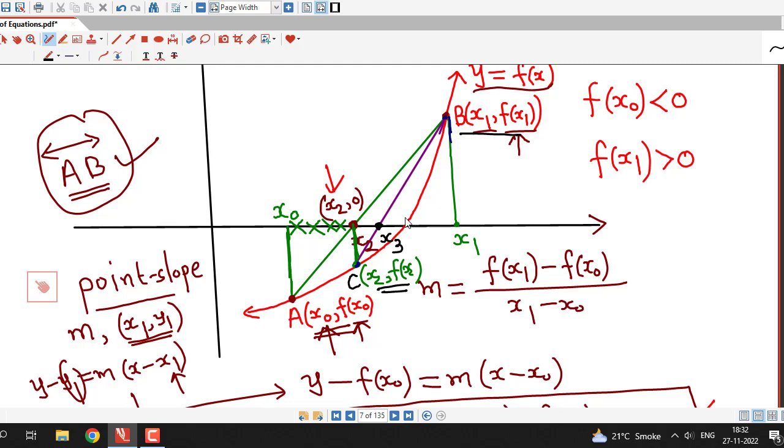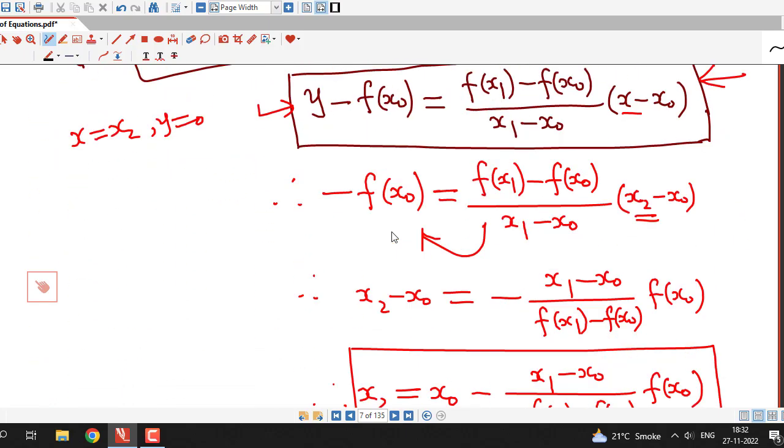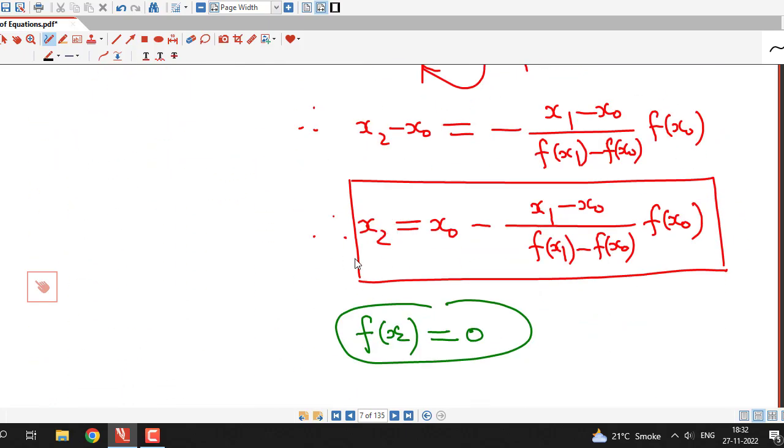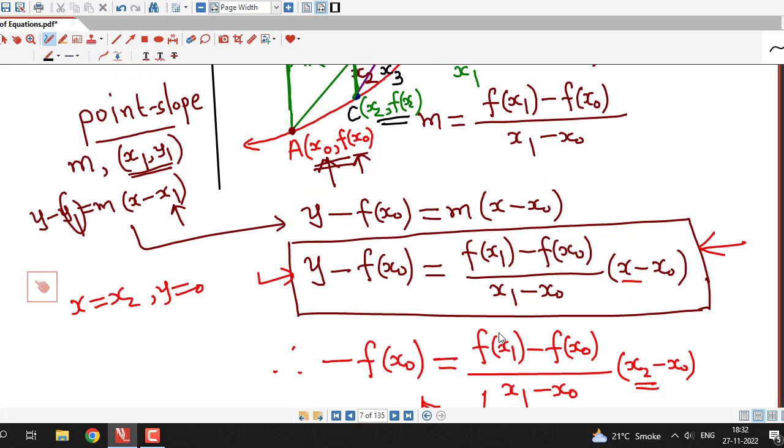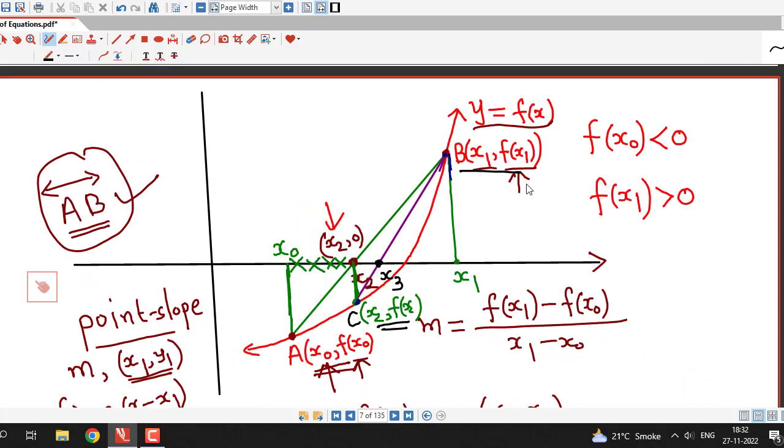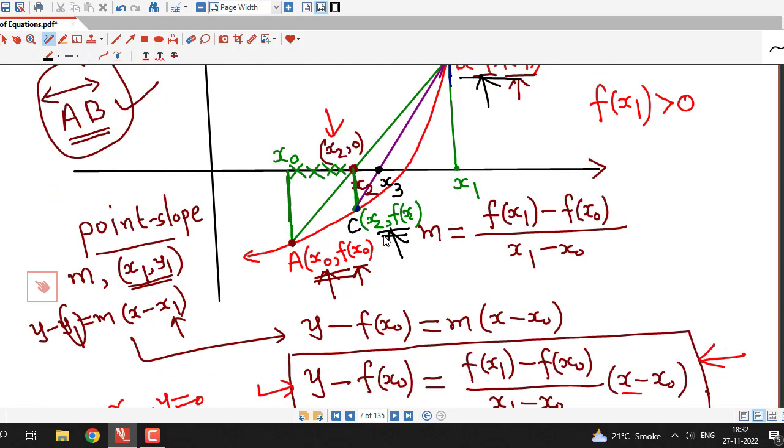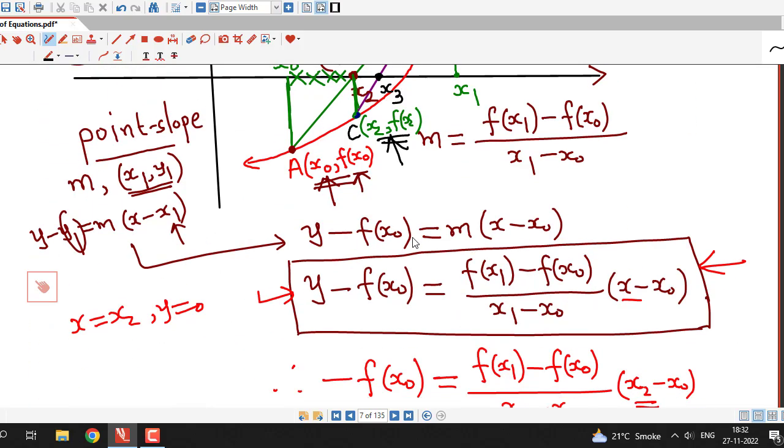So in this way, every time we will consider the line joining these 2 points and the intersecting point of that line with the x-axis is our next approximation. So we will remember this formula, and suppose our root lies between x2 and x1, then we can replace x0 by x2 in this formula.